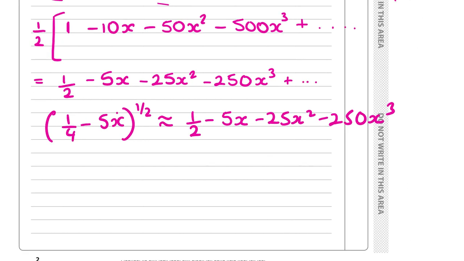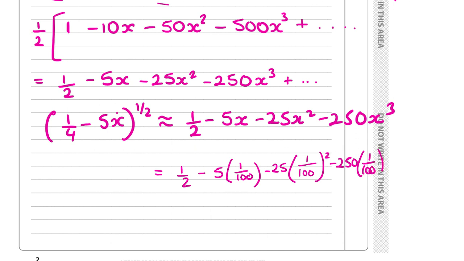I'm going to have a half minus 5 lots of 1 over 100 minus 25 lots of 1 over 100 all squared minus 250 lots of 1 over 100 all cubed. What answer is this going to give me? This is going to give me 1,789 over 4,000.